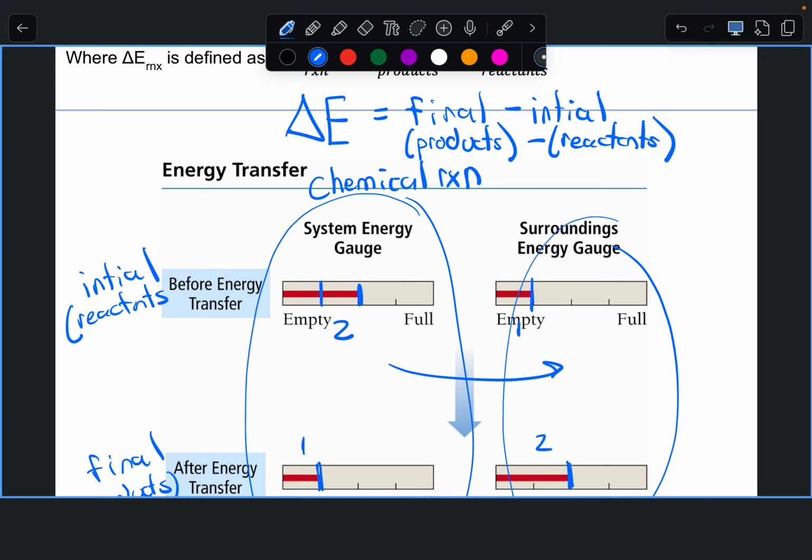And maybe some of that heat goes to your hand, and maybe some of it goes to the air surrounding it, but eventually that heat is going to spread out, okay? So that's the surroundings. It's everything else.